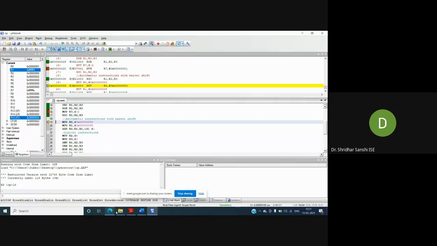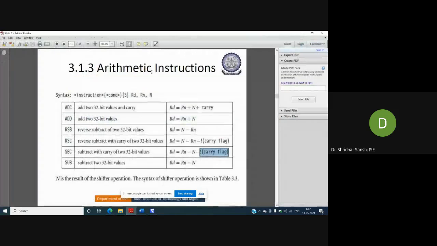These are the arithmetic instructions. I think you have used subtraction and addition already.